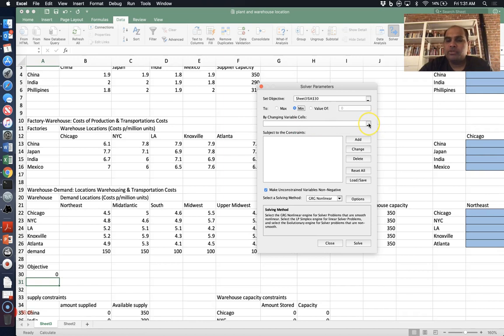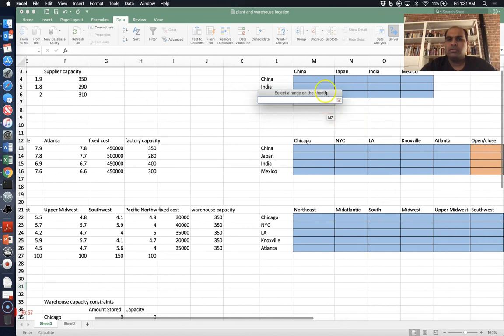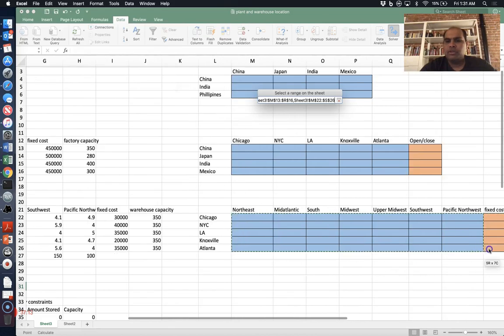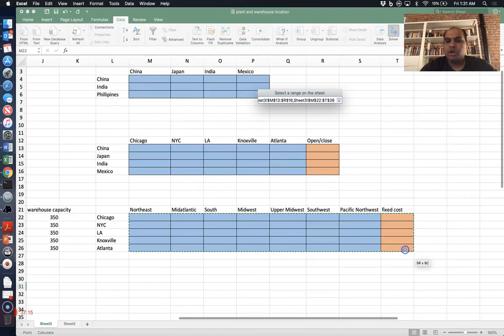And the changing variables, so we have 3 different sets of changing variables here. So we have one set, comma, the second set, comma, the third set. So remember, when choosing these decision variables, do not forget to include the Yij variables.